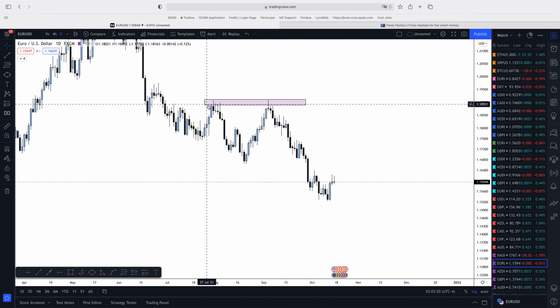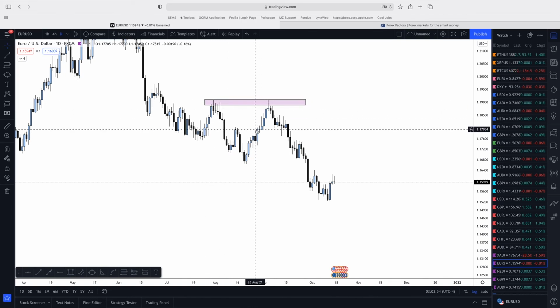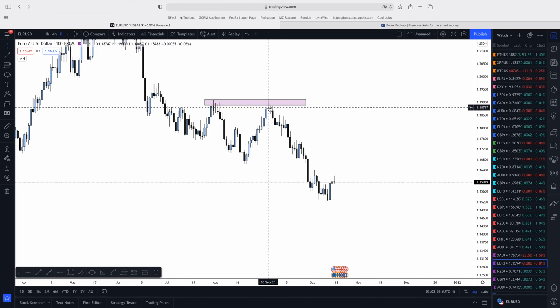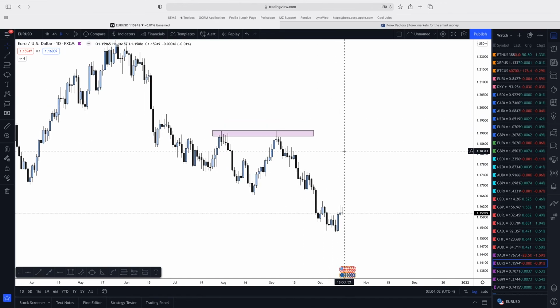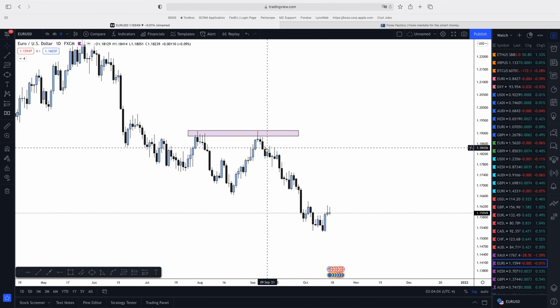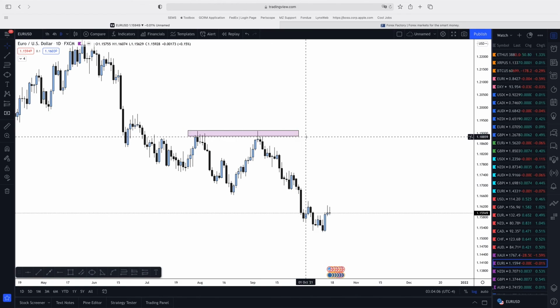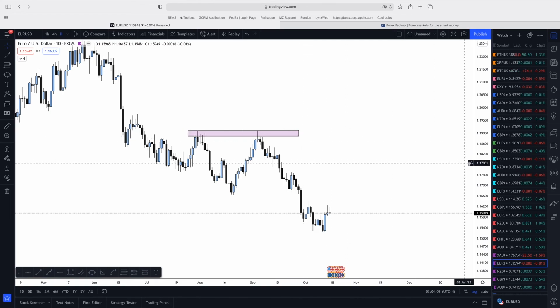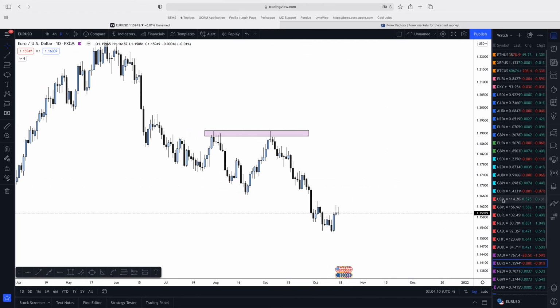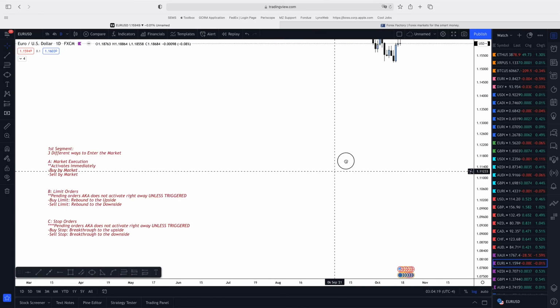Using previous history of this price action, we can maybe make a projection that the market's going to fall like it did previously right here. So this is something called your technical analysis based on price action. In the most simple terms, price action is simply looking at the price of the market and what type of formation or what type of action it is forming. And that's essentially what it is.